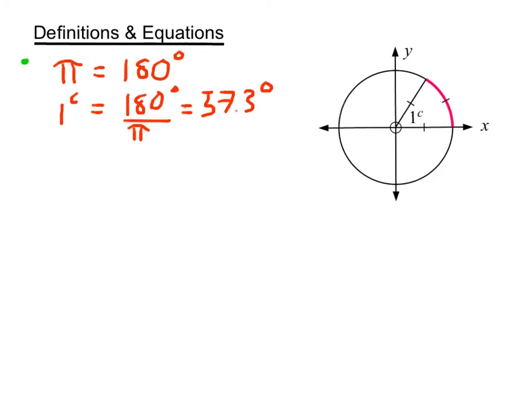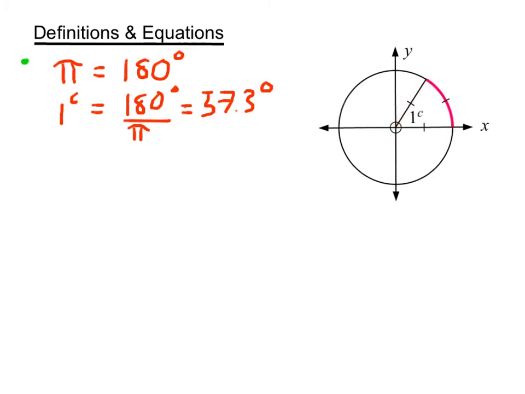Now it may seem that 1 radian is small because we're using the number 1, but really it's over half of the distance between the positive x-axis and the positive y-axis. So again, the definition of a radian is: 1 radian is the angle swept out by an arc length equal to the radius of the circle.